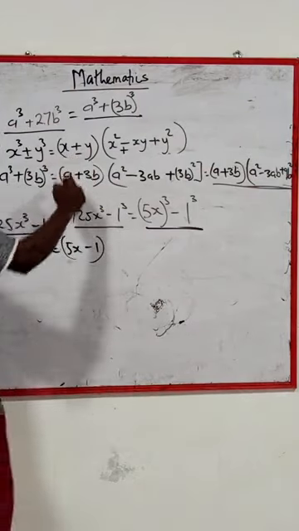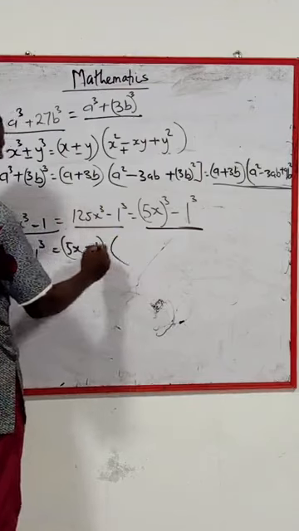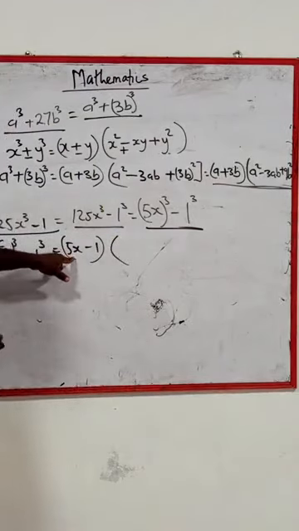Following this, you can see the minus sign, then open bracket again. What is the square of our 5x?